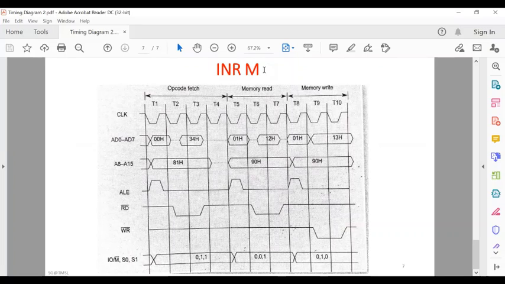So M is the memory location pointed to by the HL register pair, and the content of that memory location will be incremented if INR M is executed. Now after incrementing this content, where will it be written? It will be written into the same memory location.